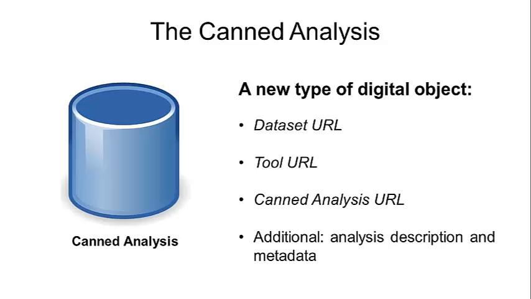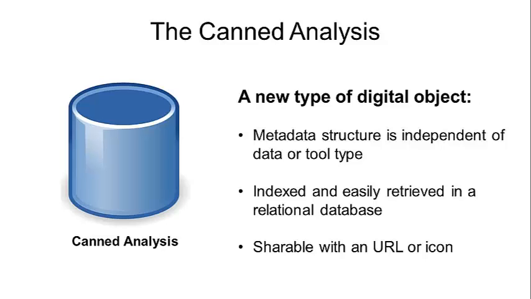So we believe this object has a series of properties which will make it a useful solution in addressing the problem of connecting datasets and tools. First of all, the structure of its metadata is independent of both dataset type and computational tool type. This allows, on one hand, for accurate annotation of every single digital object, and on the other hand, also allows interoperability between datasets and computational tools coming from non-cooperating resources and platforms.